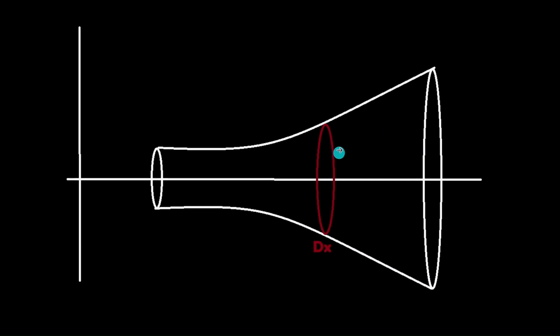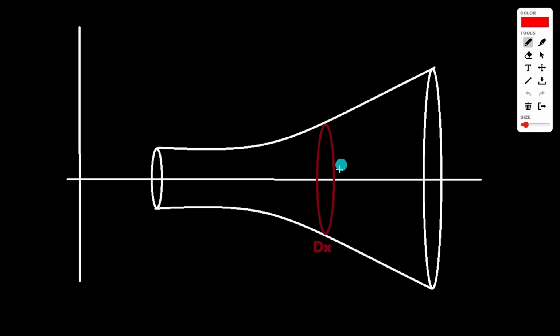So to calculate the area of a circle, we need a radius. And how do we get that? If you look at the circle over here, we can see that the middle point lies right at the axis. So we can say that the radius of any circle lying in the solid is going to be the function f of x at that point.